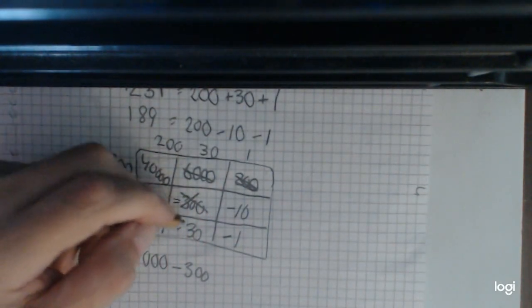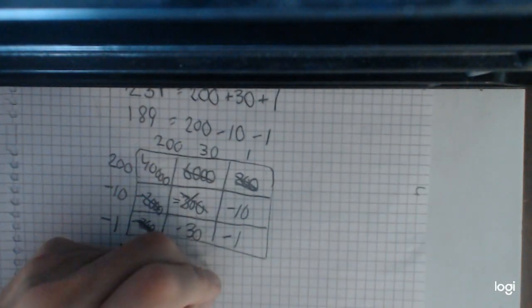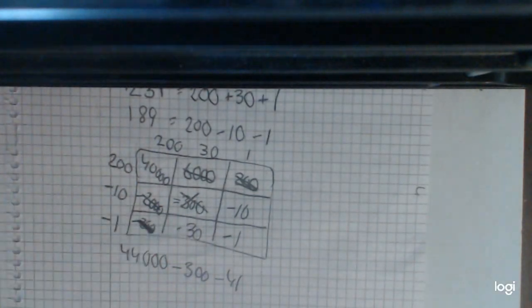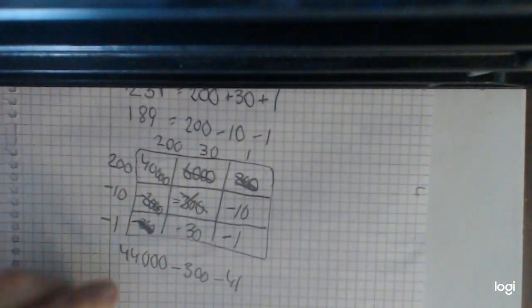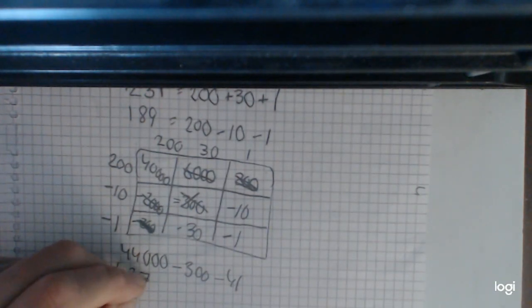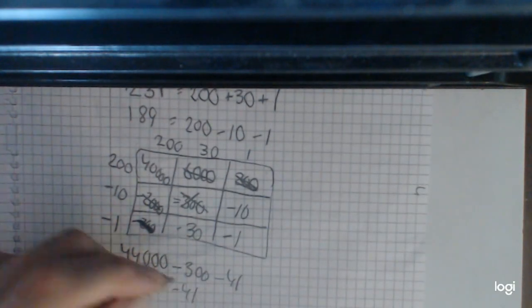And then you have minus 41. 43,700 minus 41.